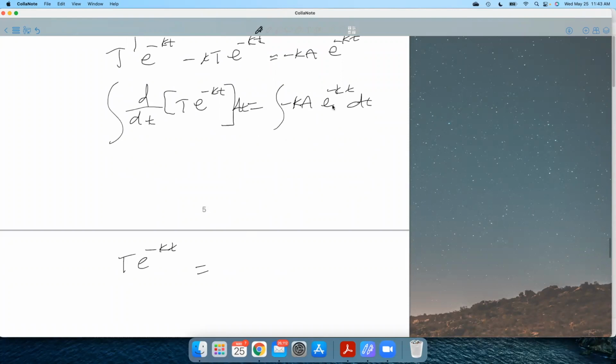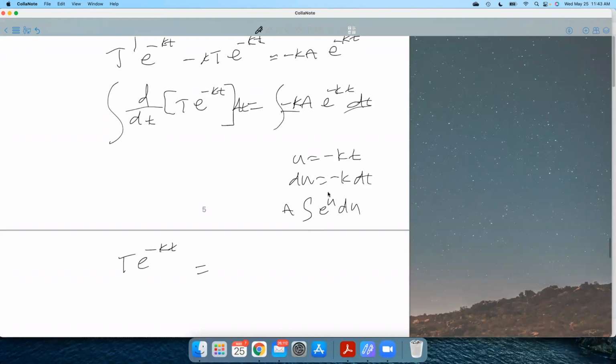On the right side, maybe I'll do the substitution here. u equals negative kt. Then du would be negative k dt. I already have that. So then my integral could be rewritten as a e to the u du.